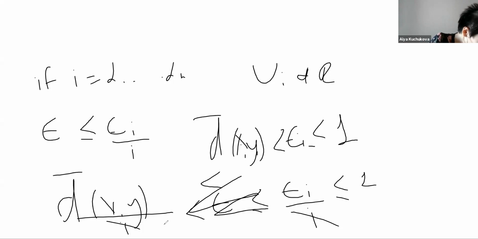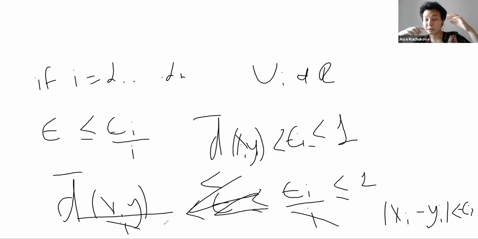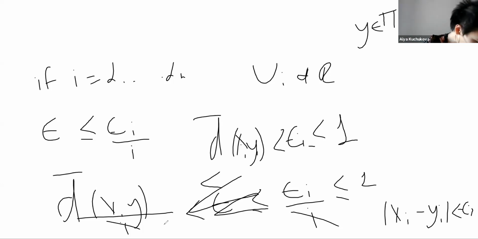And so it follows that |xi minus yi| is less than epsilon i. Okay, and this happens for any i. And it means that y lies in that basis element ui, right?